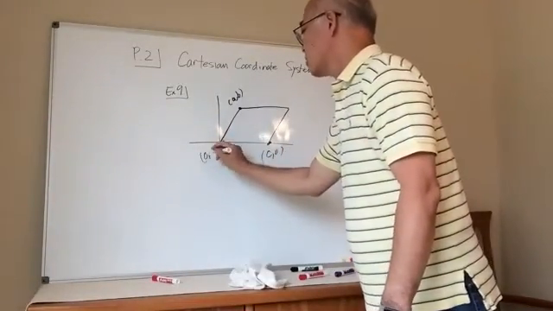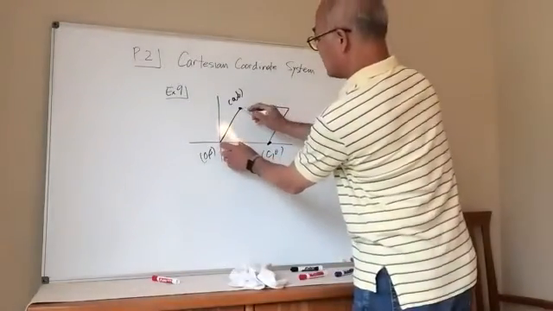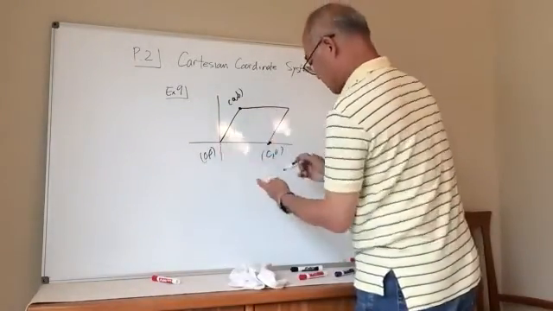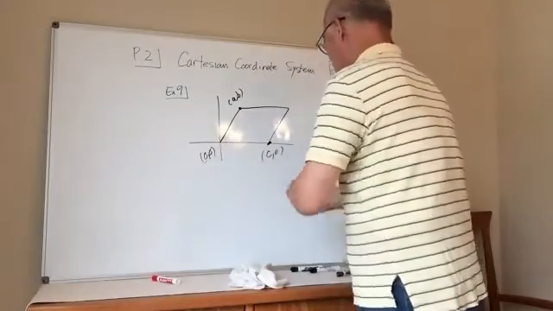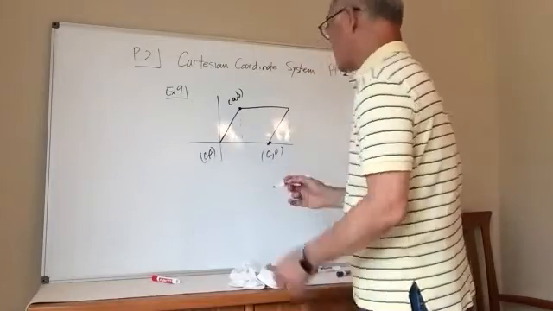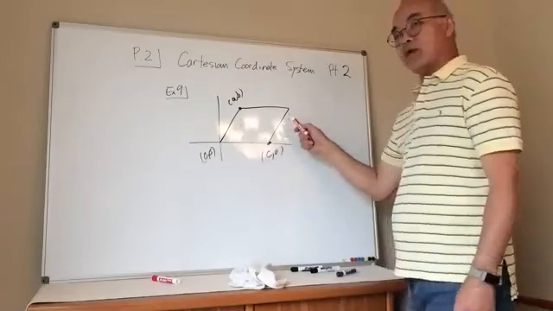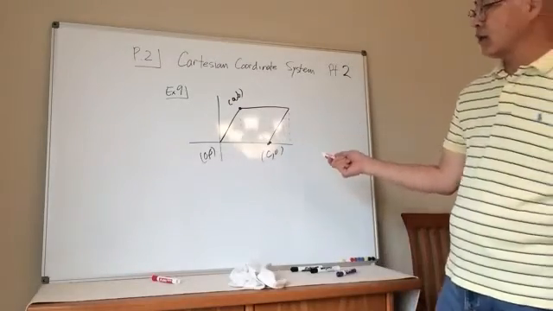Obviously, this is the origin. Okay, so I went from here to here. This triangle and this triangle are going to be congruent. They're the same triangle, right?